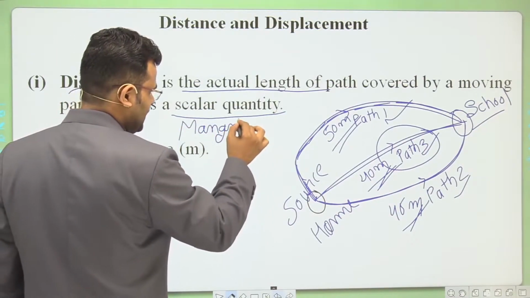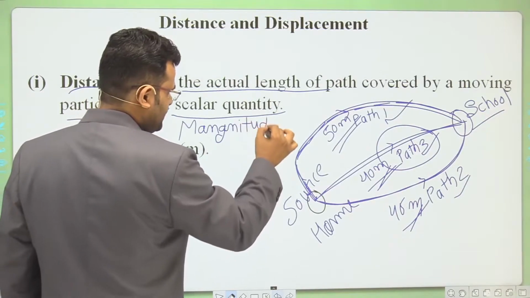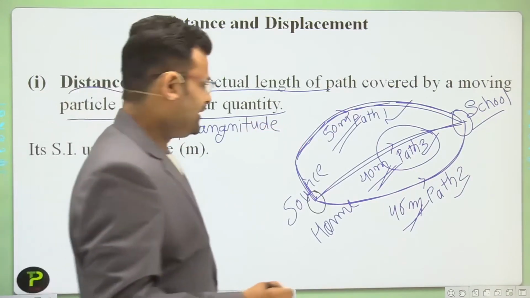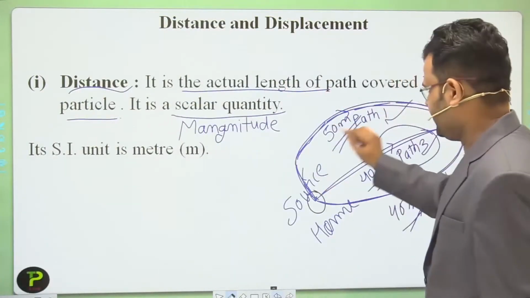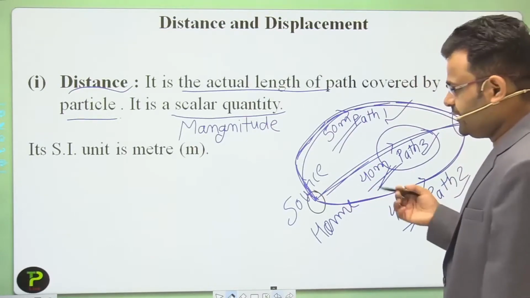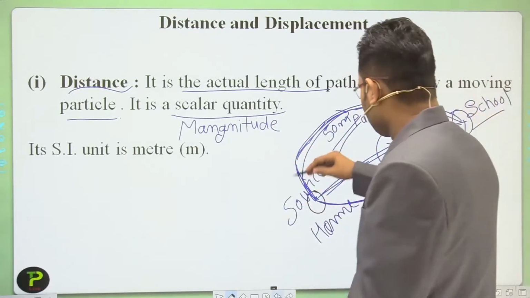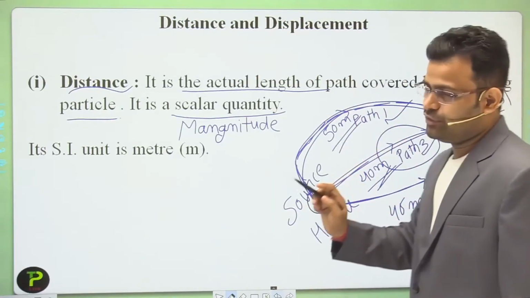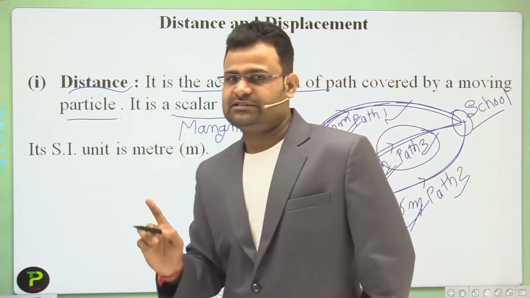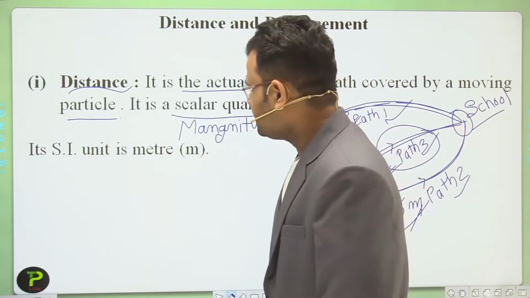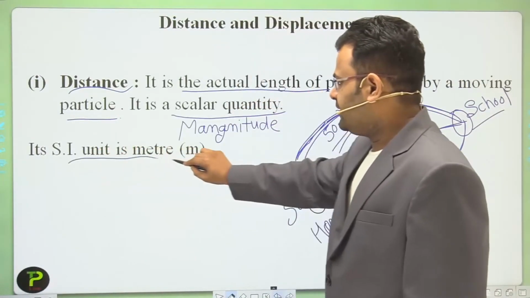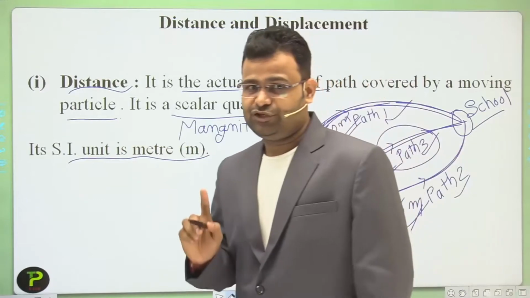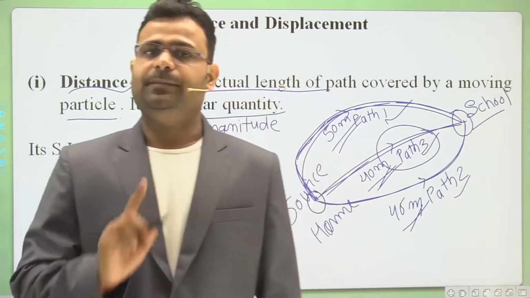It doesn't depend on direction. It doesn't matter which path we choose, that path or that path. All the path length is calculated, and that is the distance of that path. The unit of distance is the meter.